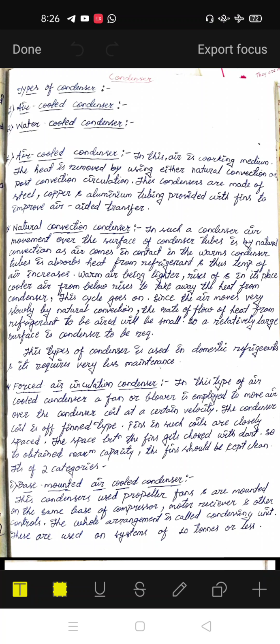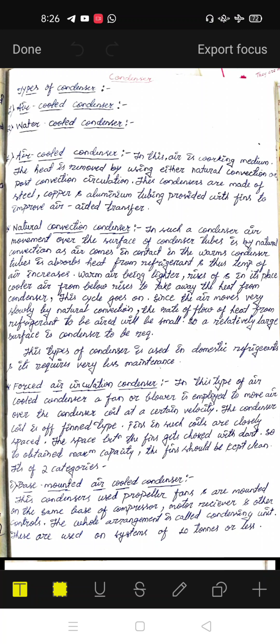Warm air, being lighter, rises up, and in its place cooler air from below rises to take away the heat from the condenser. So this cycle goes on.